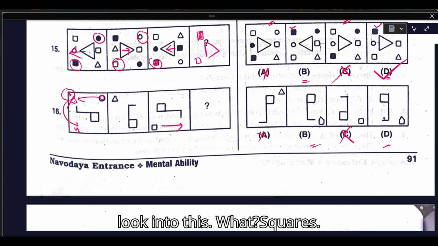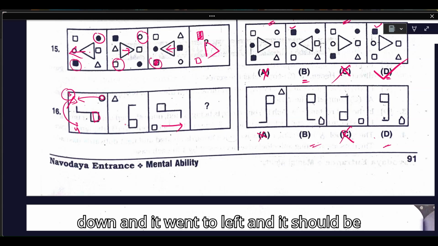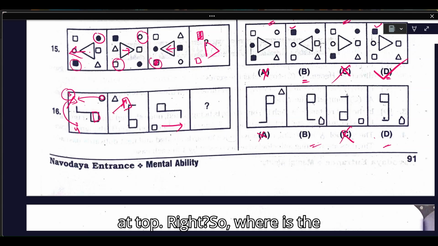Okay, let's look into this. Squares. The square was in the right direction, it became down, and it went to left, and it should be at top, right? So where is the top? This is also in top, and this is also in top. Okay, let's look at these lines.